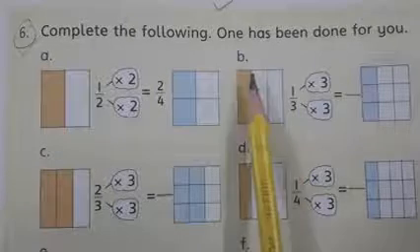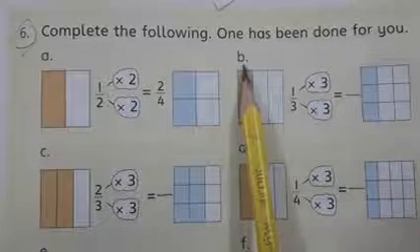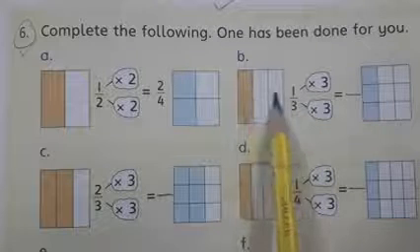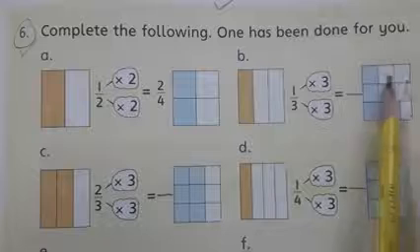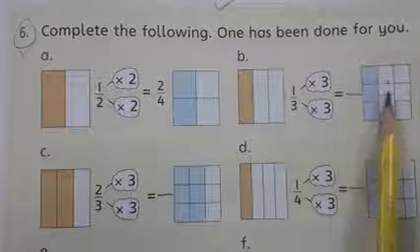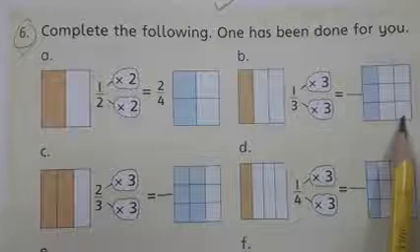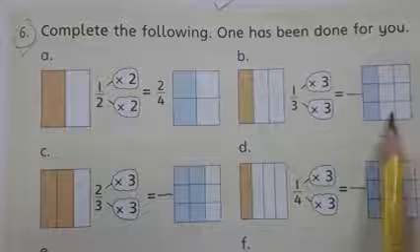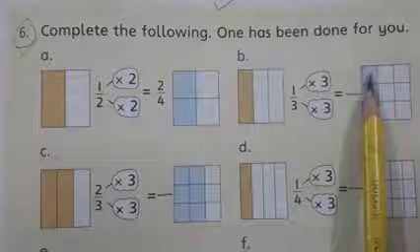Okay, now look at part B. As you can see, 1 by 3. And here you can see 3 and total are 3, 6 and 9. Okay, total fraction here is 3 by 9.